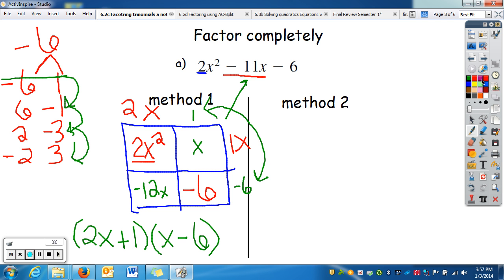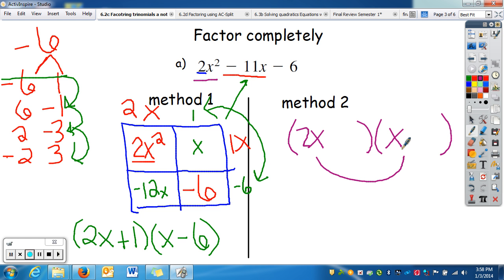So method number 2 is doing it with parentheses and doing it more in your head. So we have to look at the first two. The first two gives us the 2x squared, which is going to be 2x and x. And then we're going to have to use this again. And you just keep trying.